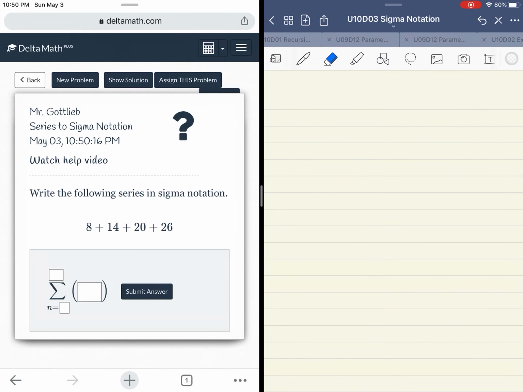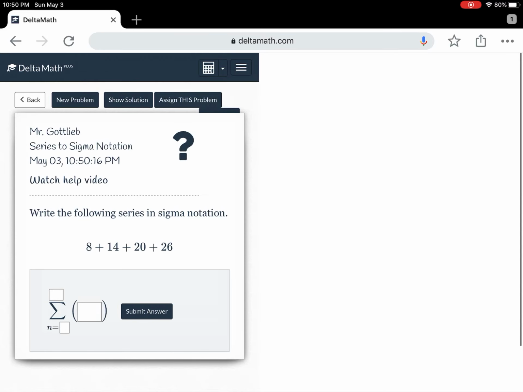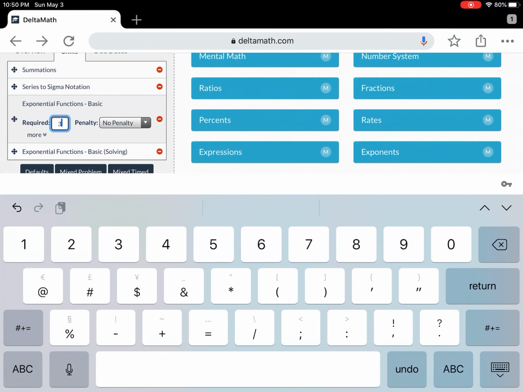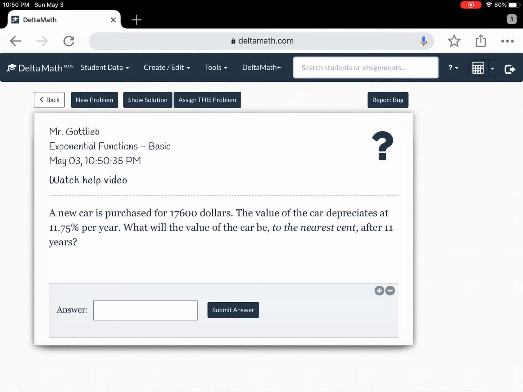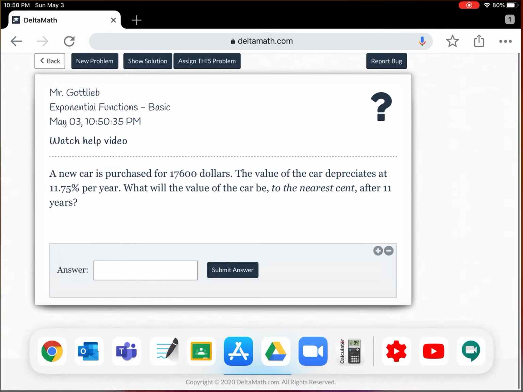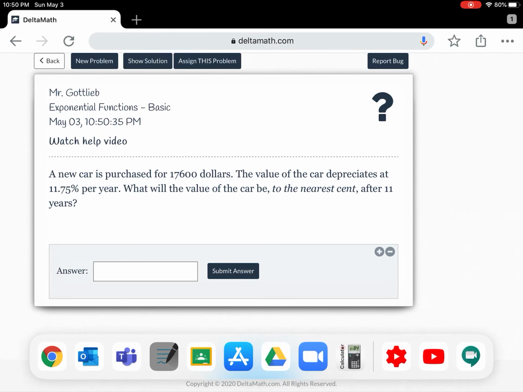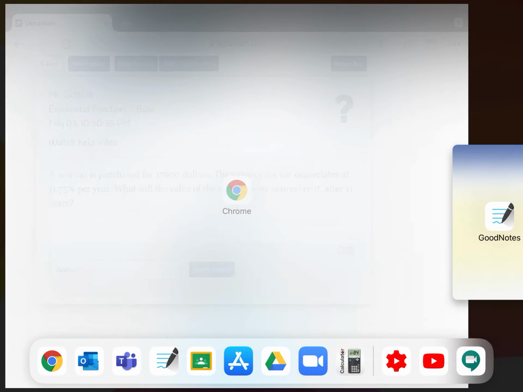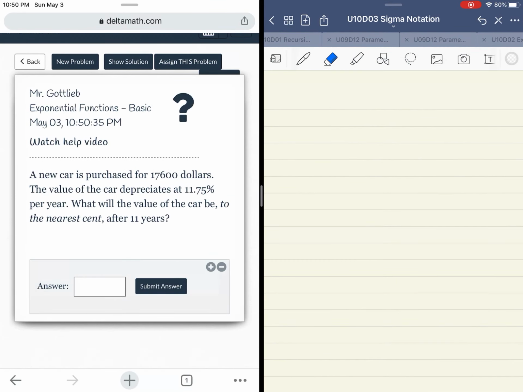Let's take a quick look at the Delta Math assignments for the review problems. They're basic exponential functions. So in case you forgot how to do them, the basic exponential formula is going to be y equals a times 1 plus or minus r to the x power, where the starting value is going to be what we're given.